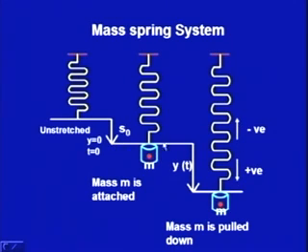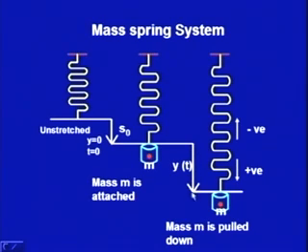This is the static condition, from where we start: the mass has been hung, giving the initial stretch S naught, and then we pull it down and release it. After time t, wherever the mass is, this is the displacement from the initial condition y equal to 0, that is y of t at time t.